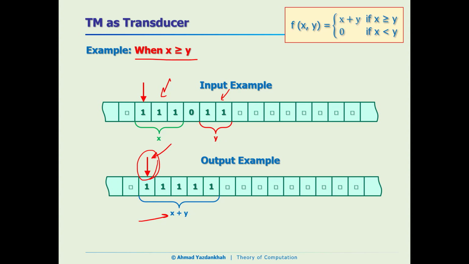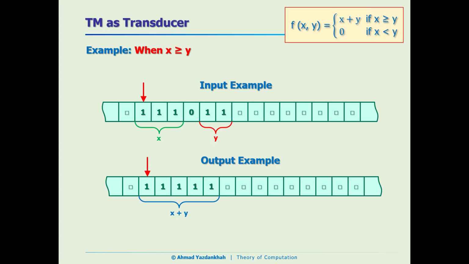It's not enough that we just add two ones. We need to move the cursor to the right place. As we explained, the output will start from where the cursor is pointing to the right until the first blank. So all of these will be the output of JFLAP.